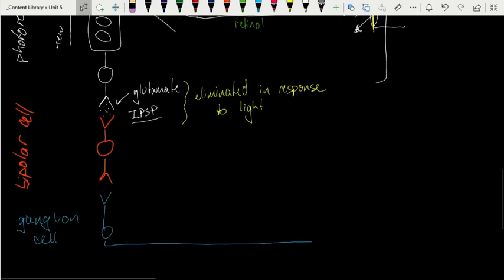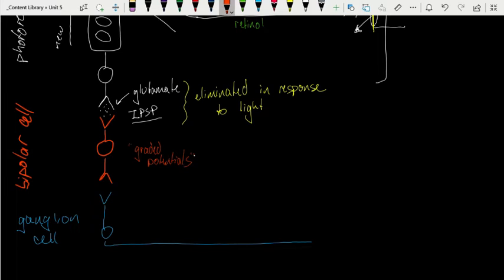Now, this bipolar cell is an interesting cell as well because the bipolar cell doesn't act on action potentials like we've talked about before. The bipolar cell is all about graded potentials. This is very important because action potentials, as you know, are binary. It's on or it's off.